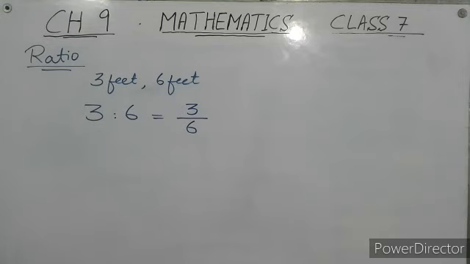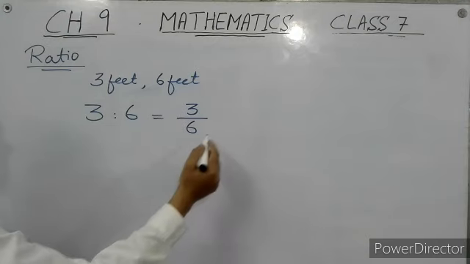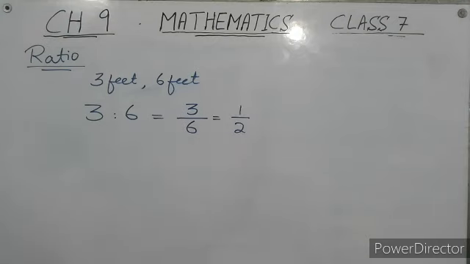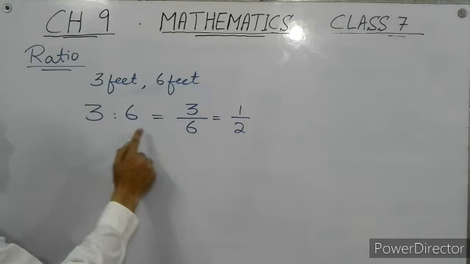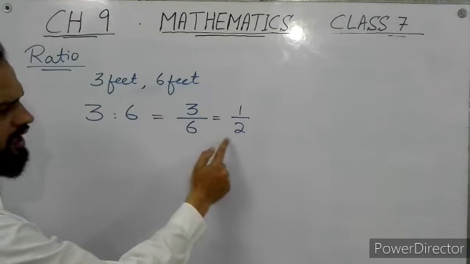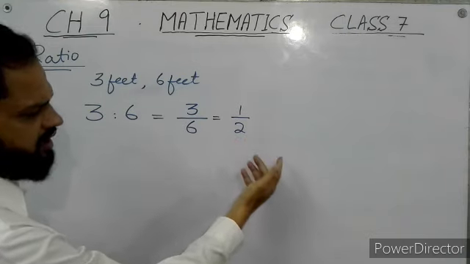A fraction can also be simplified by dividing numerator and denominator by the same number. So numerator and denominator both are divisible by 3. So divide them. 3 1s are 3, 3 2s are 6. Again, a ratio can be written in fractional form and fractional form can be written in ratio form.